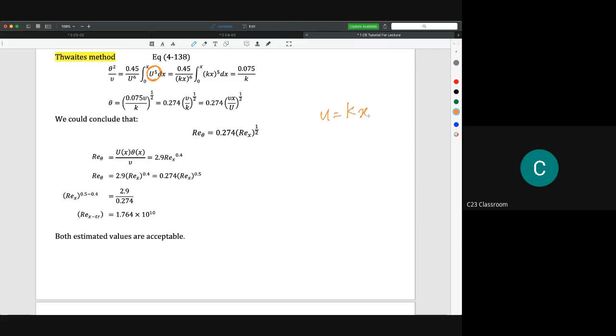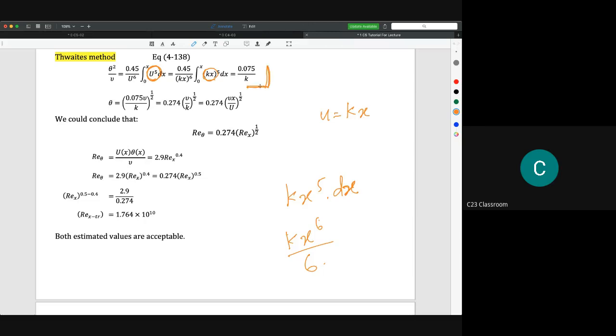So we substitute kx to the power of 5 here, and then we integrate it. We have kx to the power of 5, and if we integrate it over x, with dx here, we get kx to the power of 6 over 6. Then we could solve everything and get 0.075 k.